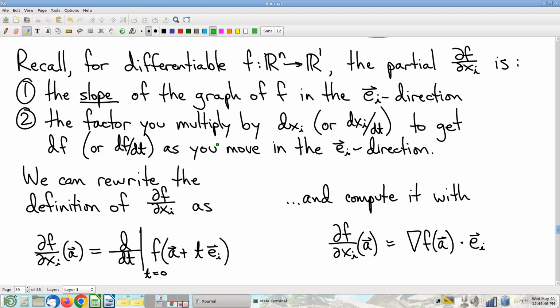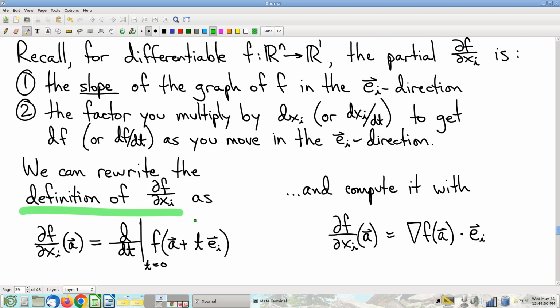Now, if you look back at our definition of a partial derivative, there was this business about holding all of the other variables constant and then taking the regular plain old single variable derivative of the resulting single variable function. It's a nice exercise to persuade yourself that that's what this is.